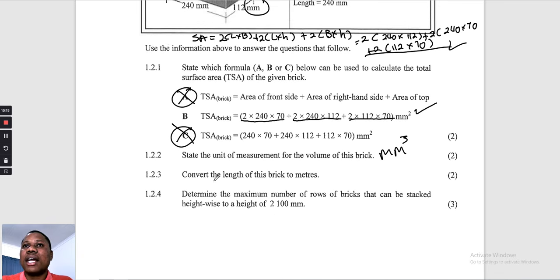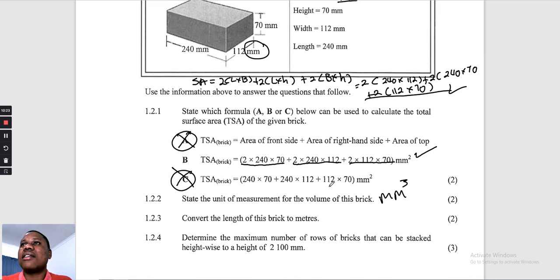Okay, then 1.2.3, convert the length of this brick to meters. How much is the length? Our length is 240 millimeters, so we want to convert this to meters. Remember, on our conversion, if you did not check my conversion video, go and check. I have a video on how to convert. We're going to check the relationship between meters and millimeters.